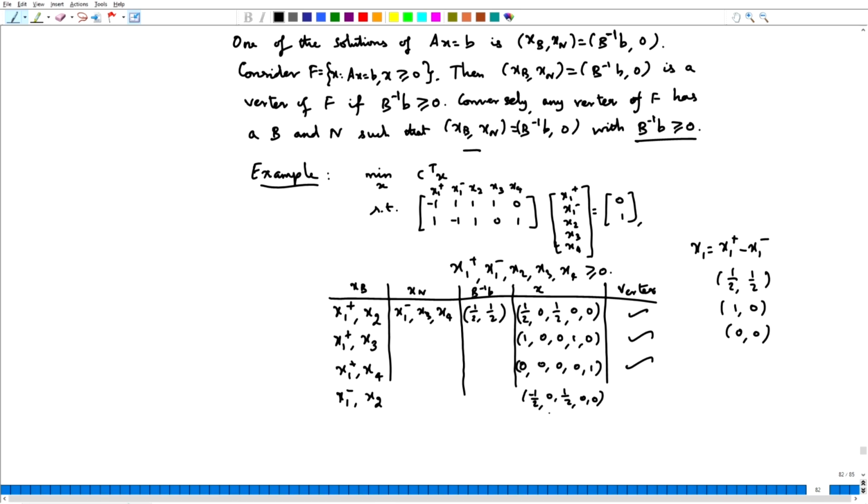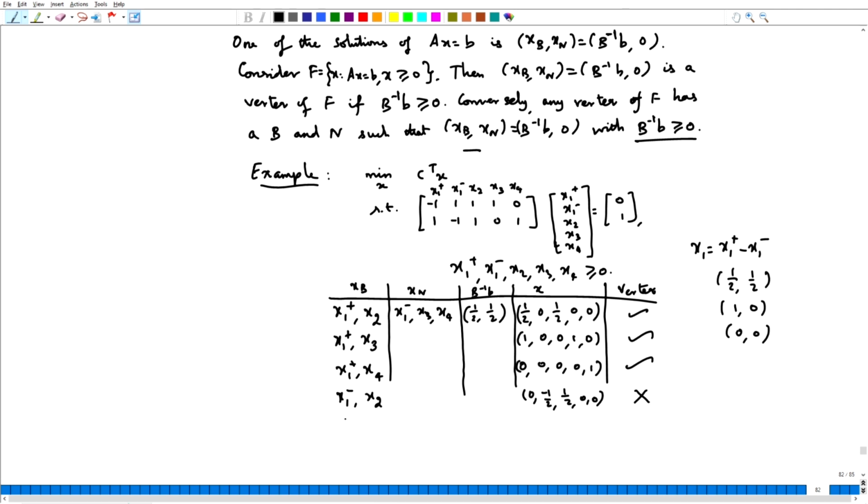Sorry, it will be 0, minus half, and half. So this also refers to half comma half, but this is not valid because x1 minus is negative here. This is not valid because B inverse b is not greater than or equal to 0.